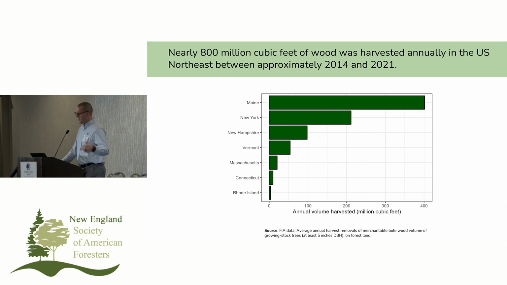I add New York here because we're talking about the Northeast, not just New England. New York follows second, followed by New Hampshire, and then the other states behind that. Maine and New York together represent about 77% of all total removals from our woods, based on FIA data looking at how much wood is being removed on an annual basis.